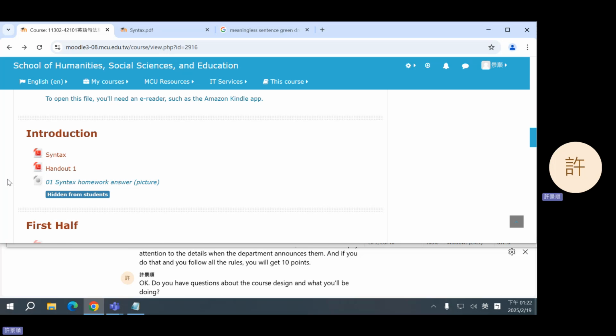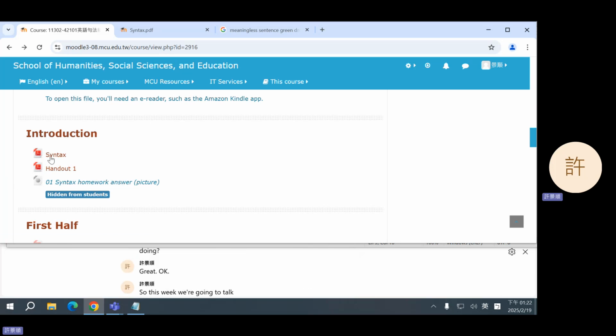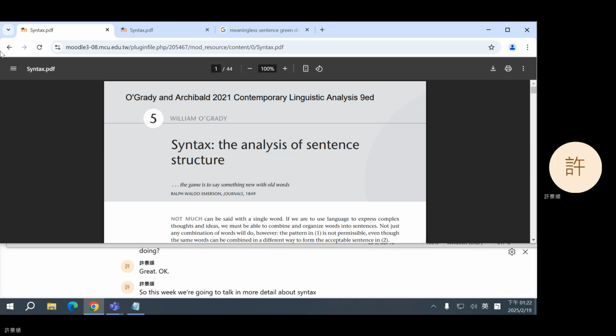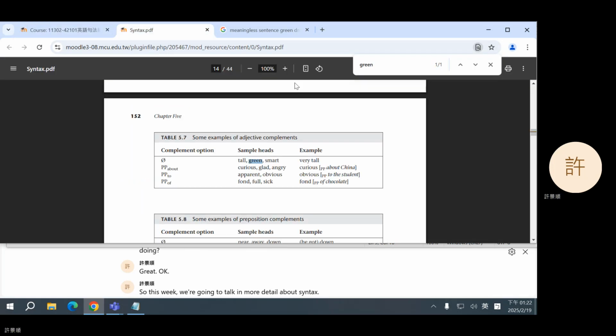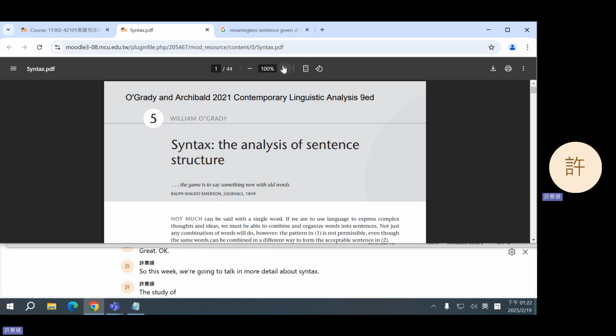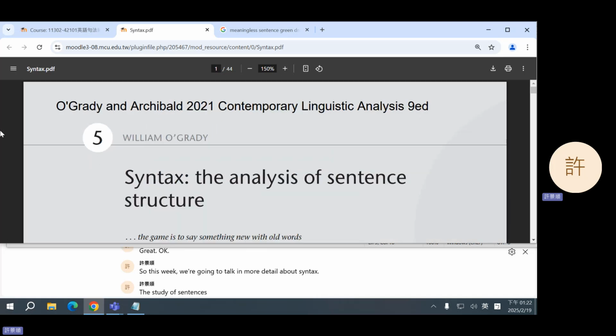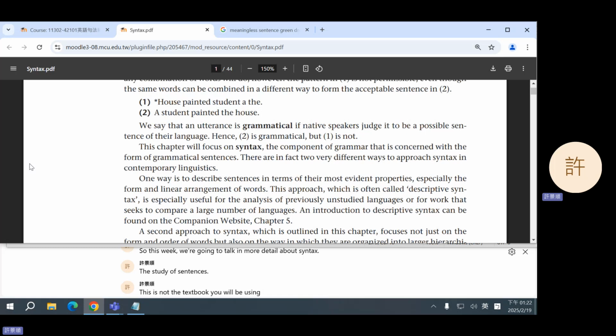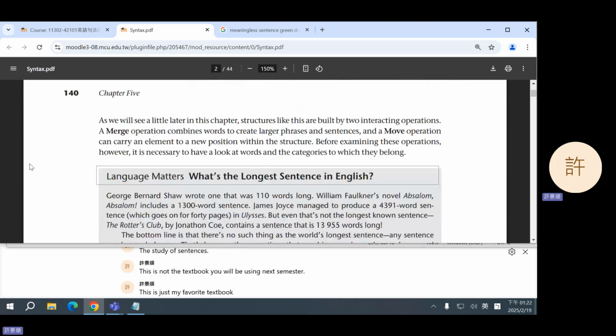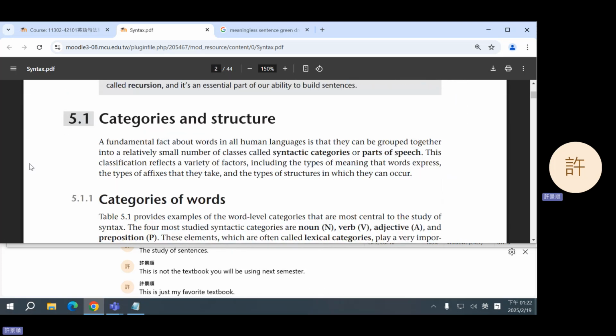Great, okay, so this week we're going to talk in more detail about syntax, the study of sentences. This is not the textbook you will be using next semester. This is just my favorite linguistics textbook.